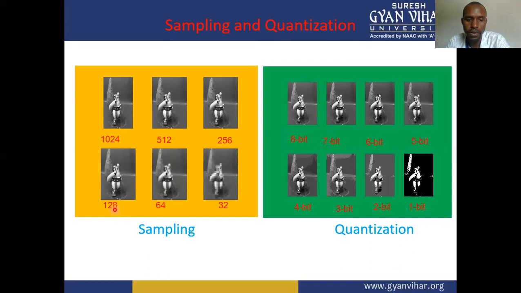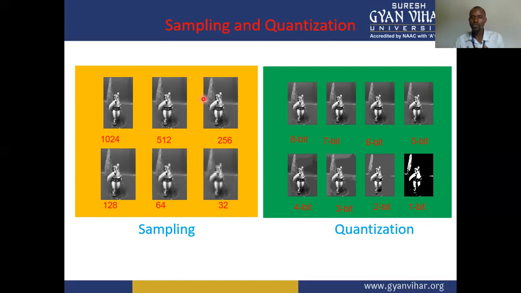So at 128, we are getting the coordinate values at 128, and this is the output we get. As we keep on increasing from 128 and double it to 256, this is what we get. Again, by doubling the coordinate values, we get 512. And you can see as we keep on increasing the size of these coordinates, the image clarity also increases.